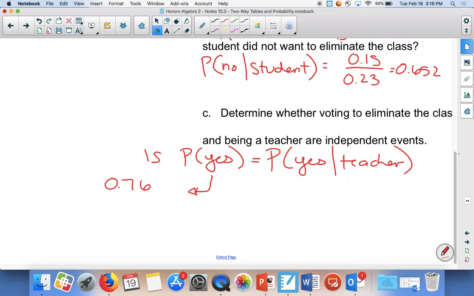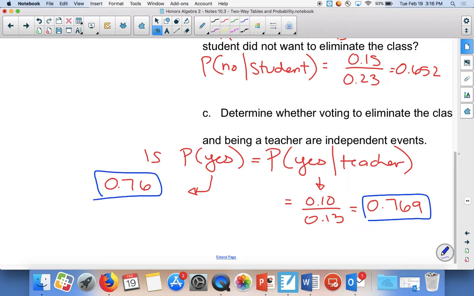But now let's calculate this other one: the probability that you say yes and you're a teacher, which is only 10%, divided by the probability that you are a teacher, the probability of A, which is 13%. Let's divide that out, and you get 0.769. Compare these two.